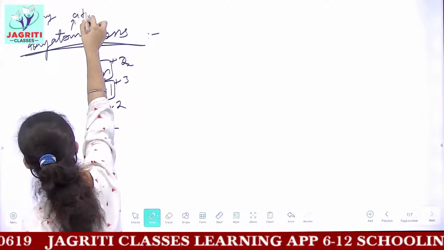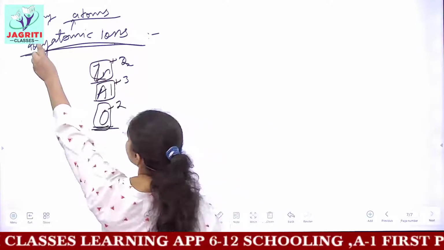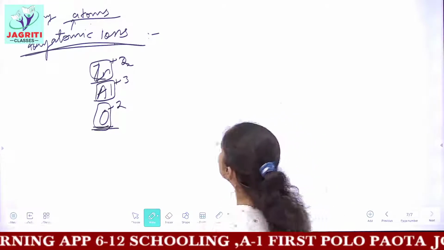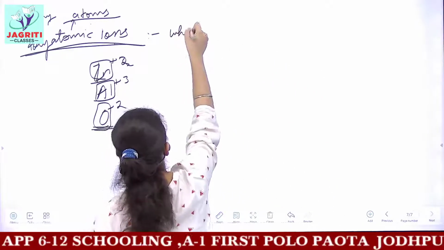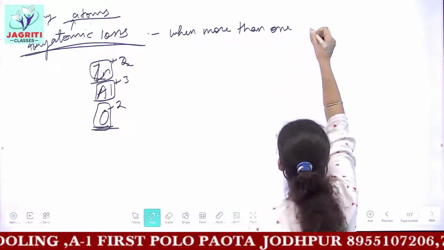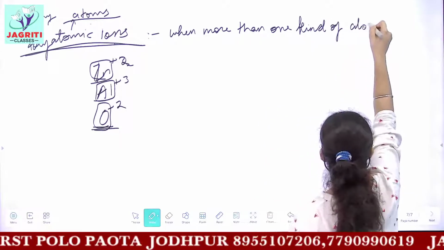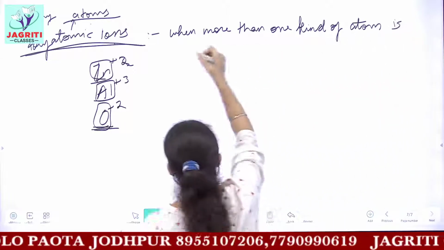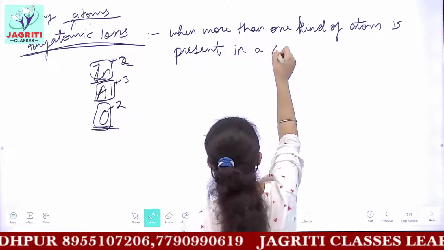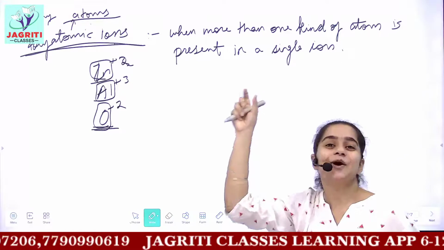Atomic stands for the term atoms. In a single ion, when you have many atoms involved, such ions are called polyatomic ions. So polyatomic ions are when more than one kind of atom is present in a single ion, then we call it a polyatomic ion.